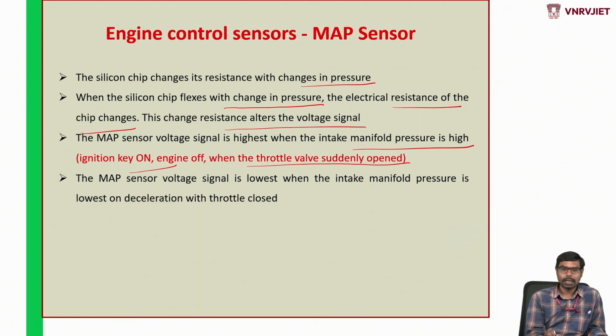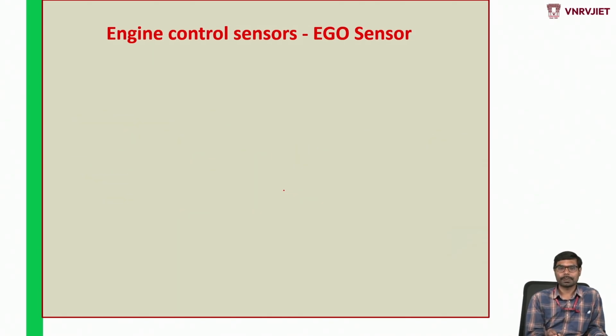It is lowest when the intake manifold pressure is lowest, at deceleration with the throttle closed. I already mentioned that. When the throttle is closed, basically at idle conditions where the opening is very low, at that time the voltage is lowest. When there is a wide open throttle condition, that is the throttle suddenly opened or maybe open 100%, at that time the voltage signal is highest.